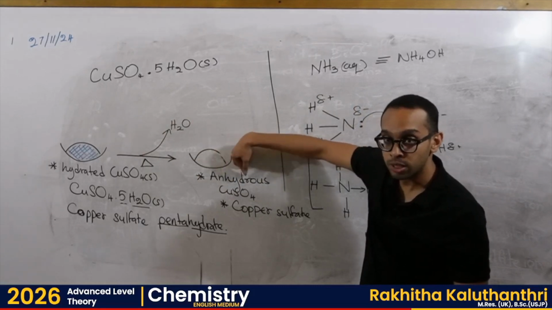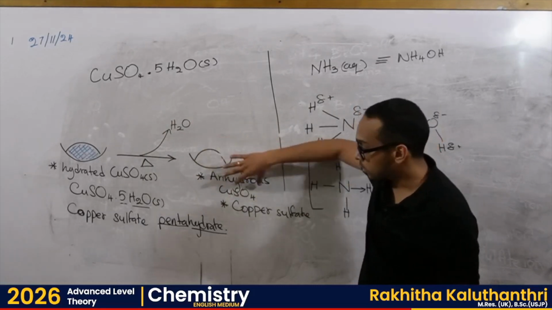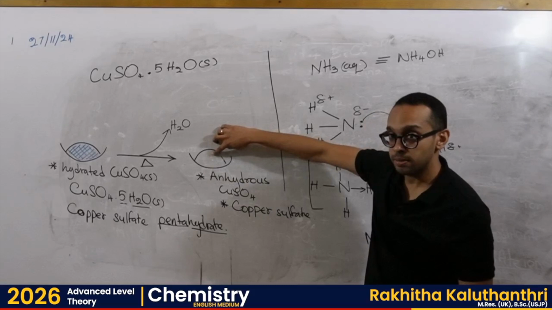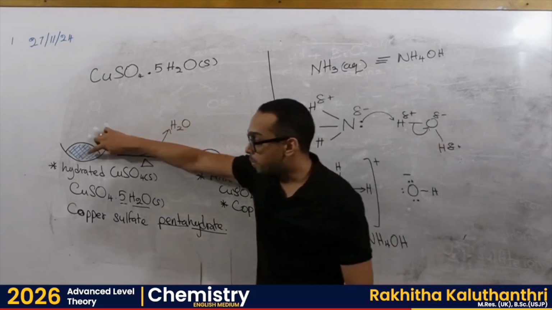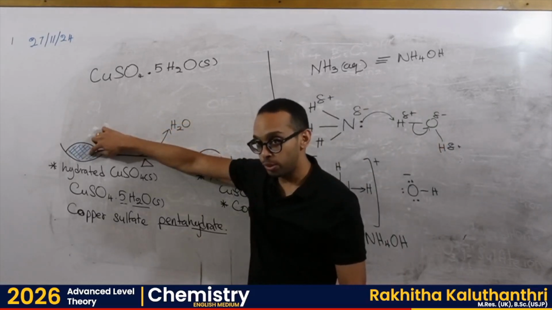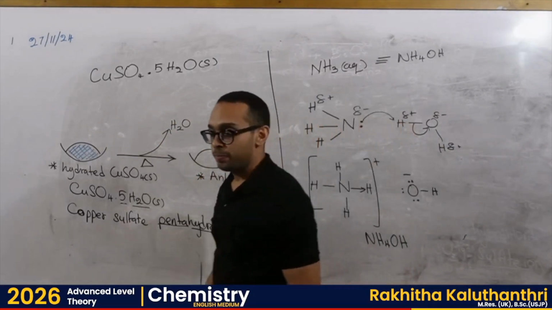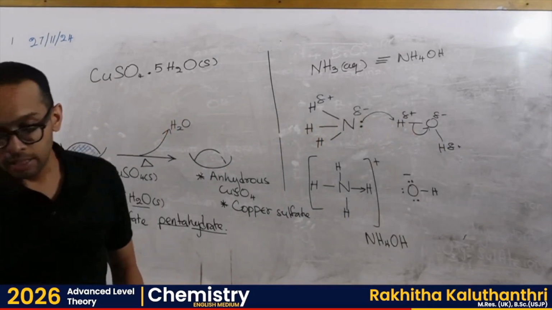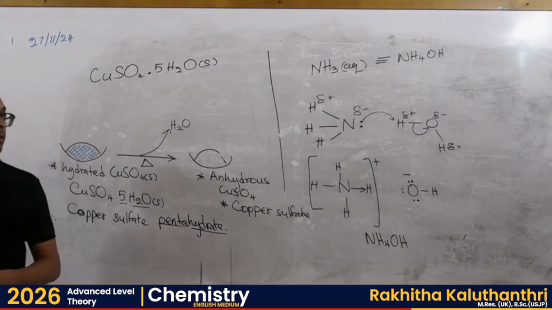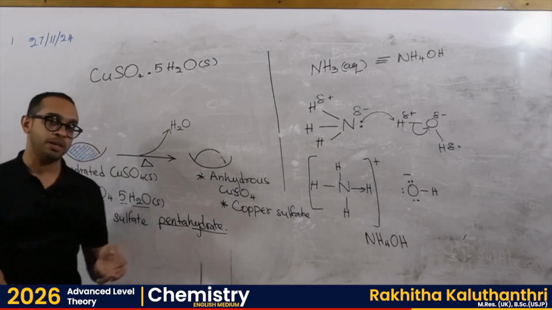Anhydrous means water removed. Anhydrous copper sulfate is white in color. Hydrated copper sulfate solid is blue in color. So these are the details that you require before moving on to the next part of our lesson.